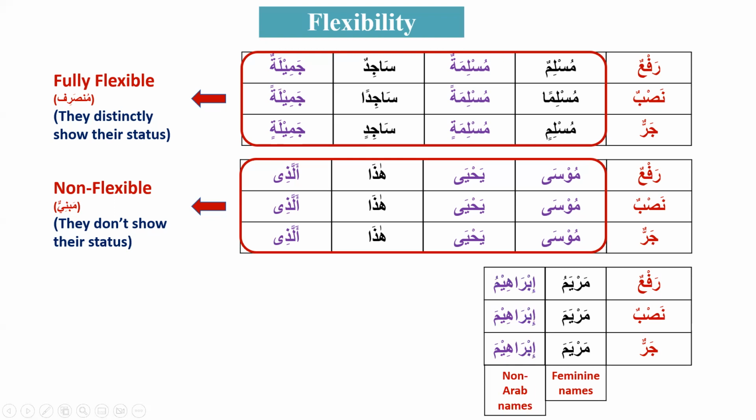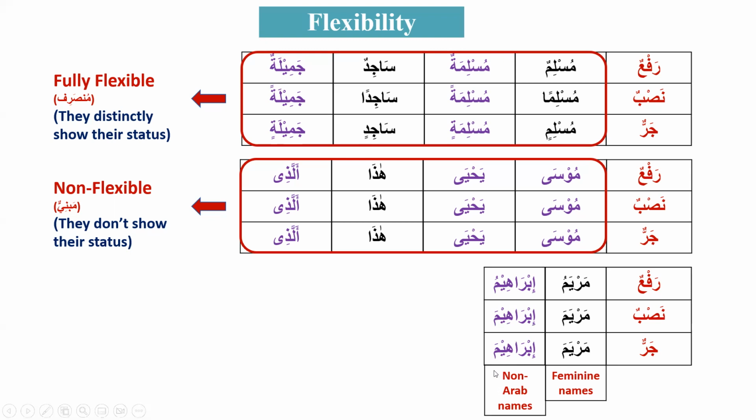But there are 4 prophets or messengers whose names are considered Arabic. And they are Muhammad, Shu'aib, Saleh, and Hud. All other names of prophets are considered non-Arab names, like Ibrahim, Ishaq, Yaqub, Ismail. They are all non-Arab names and they will be always light, no tanween, and they will not take kasra in their jar status.